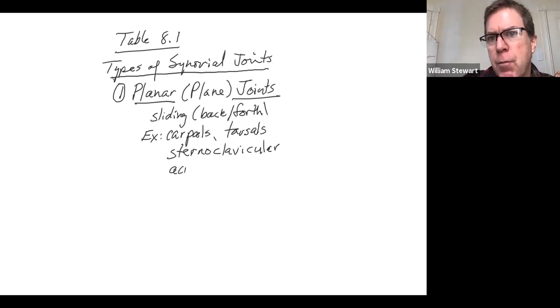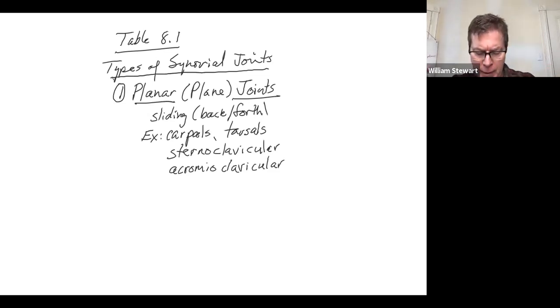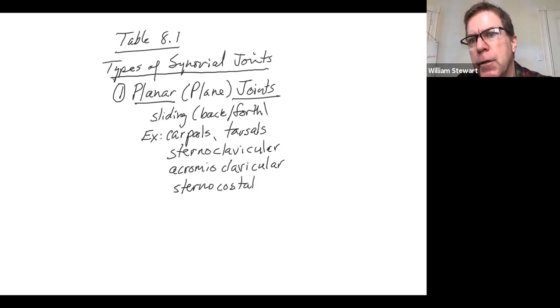So that's acromio. It's all one word. I didn't mean to leave that space. Clavicular. And finally, the sternocostal. Costal means cartilage, sterno means sternum, and it's where the ribs articulate with the sternum.